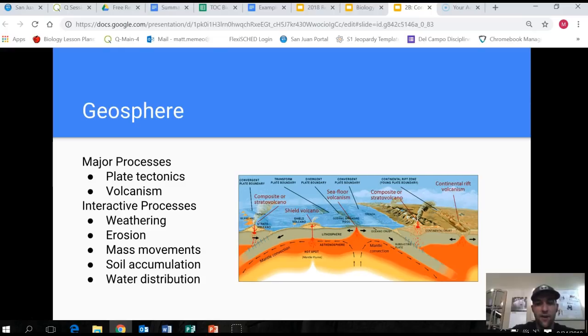It means you have your solid rock that gets broken down over time through weathering, erosion, mass movements, all that kind of stuff, and that's going to create new soils. And then water distribution. Because of the shape of the Earth, we're going to have water being distributed in different parts of it. So that could mean different rivers going through, lakes, the ocean, and then also aspects of groundwater within that geosphere.